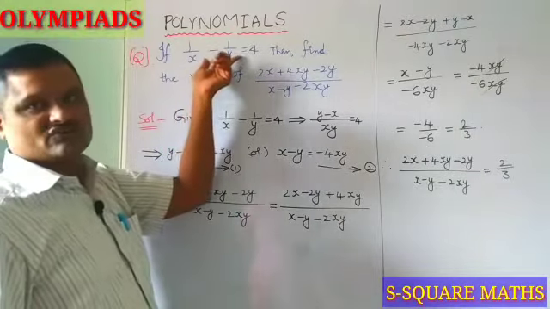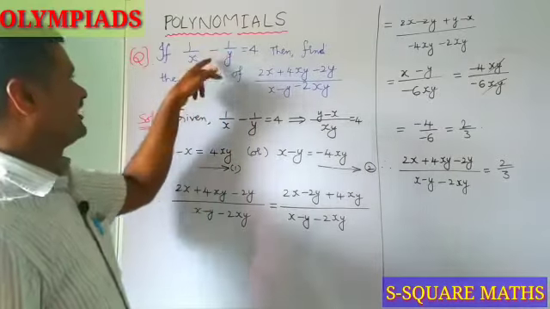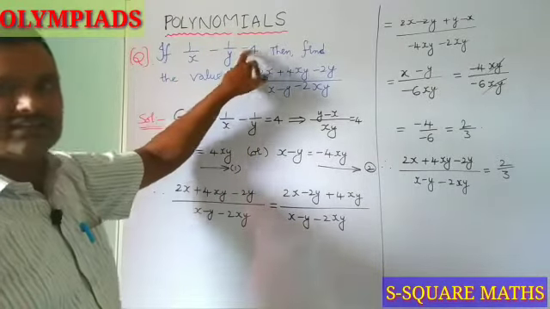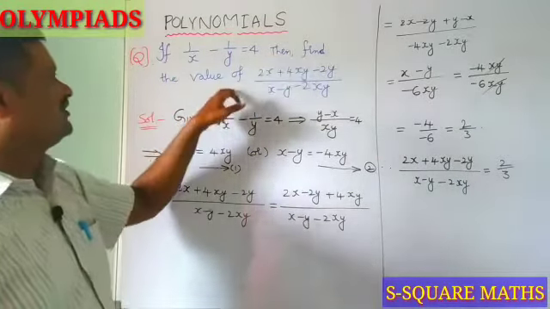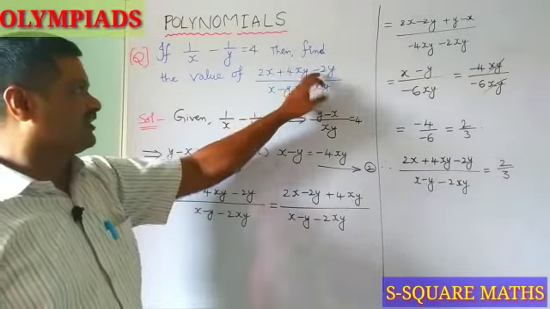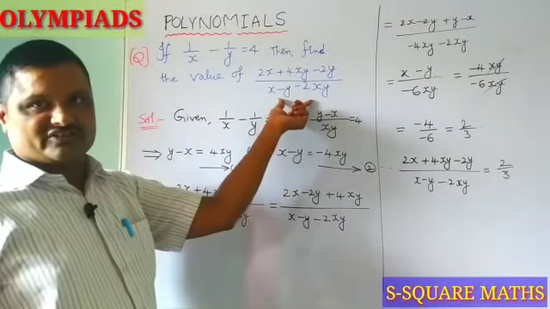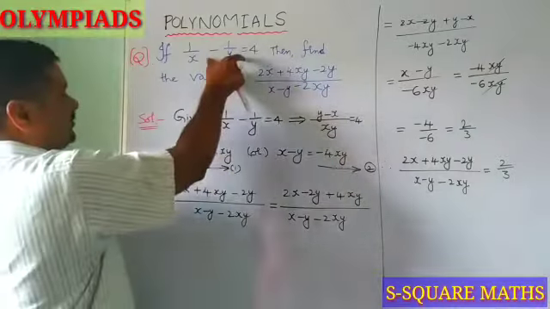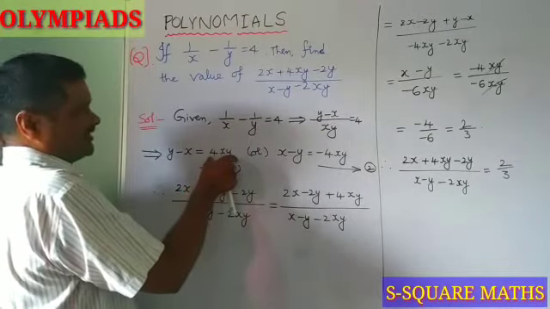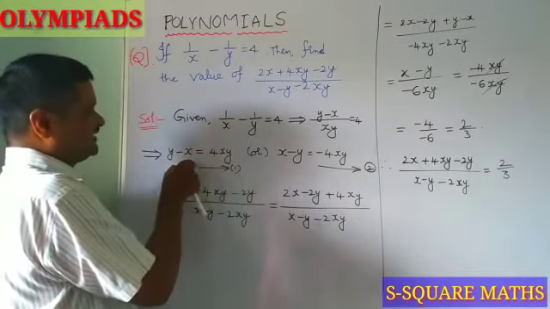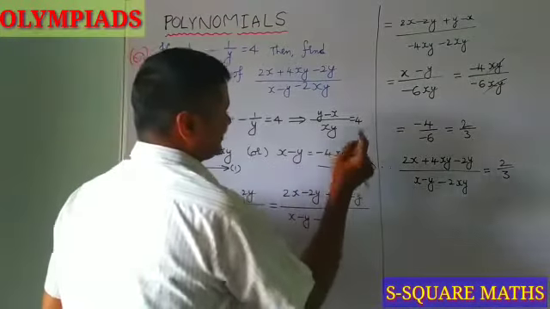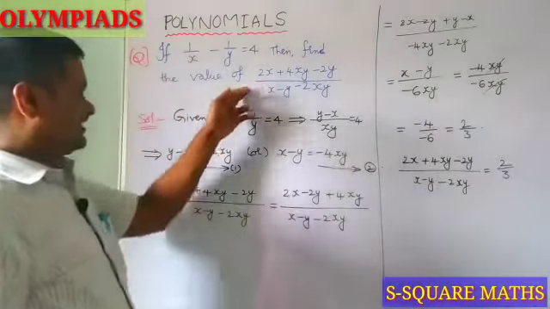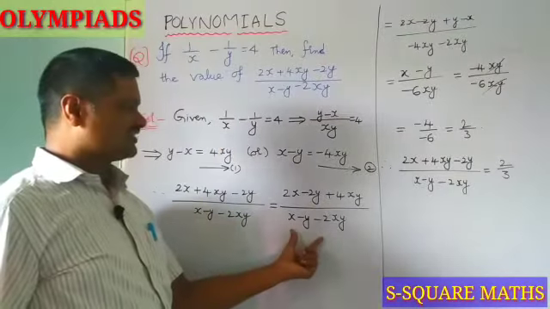So let us once go through our question. 1 by x minus 1 by y is equal to 4. Then we have to find out the value of (2x plus 4xy minus 2y) by (x minus y minus 2xy). From this we are going to get the value of 4xy, nothing but y minus x, or x minus y is equal to minus 4xy. So consider our expression, go through the steps.